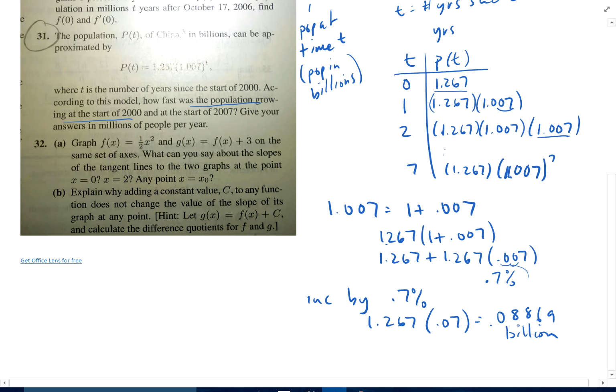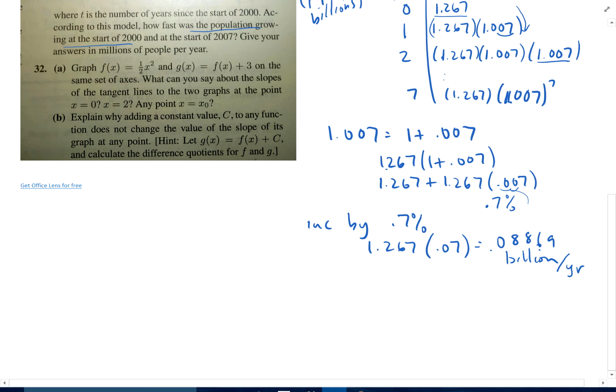That's how much I'm adding for the first year, from 0 to 1. So the rate at the first year, at 2000, is going to be 0.08819 billion per year.